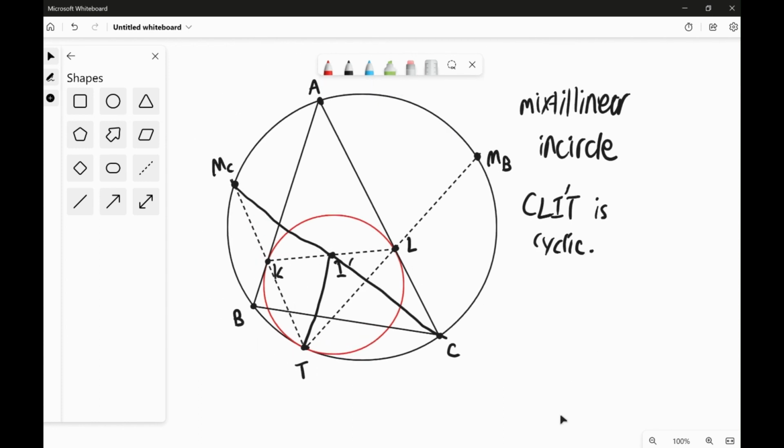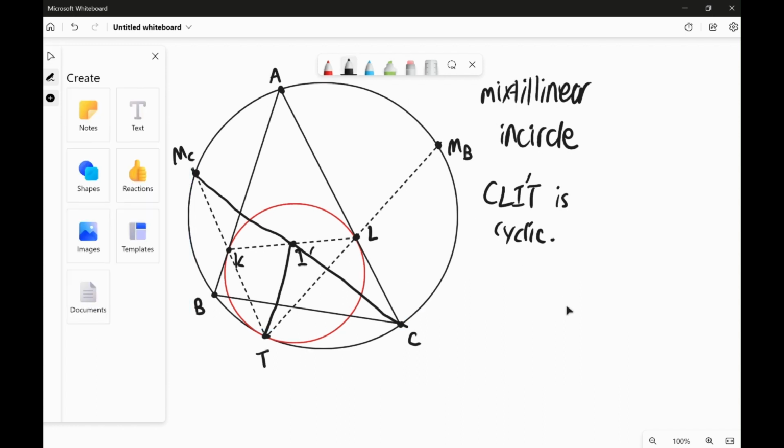And similarly, we also have that BKI prime T is cyclic if I is the intersection of MB and KL. So now how will we show that I prime lies on line KL?